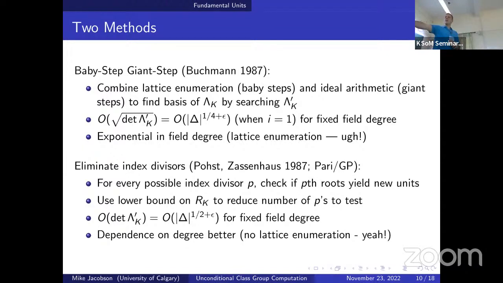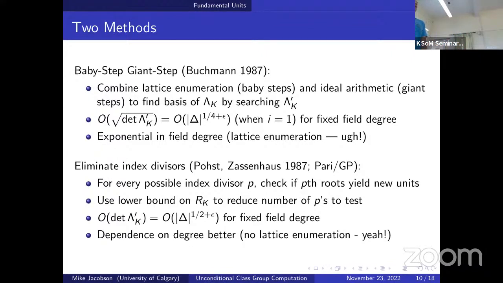Which means that the number of primes that you have to check, given that you expect the volume of the thing you have to search to be square root of the discriminant, is going to be, well, the number of primes up to that size, which, from the prime number theorem and such, is more or less square root of the discriminant. Okay, so that's pretty bad. Asymptotically, as the discriminant grows, this is worse than baby-step giant-step.